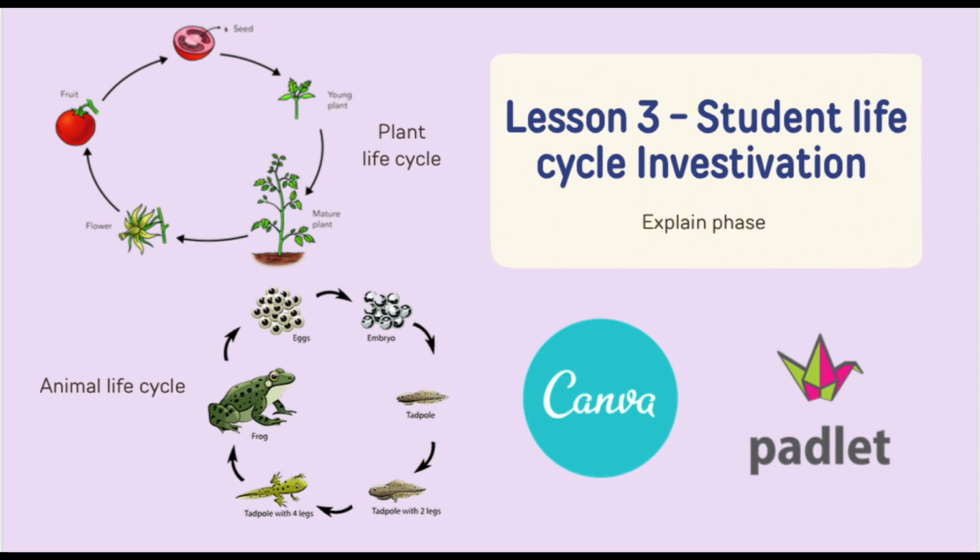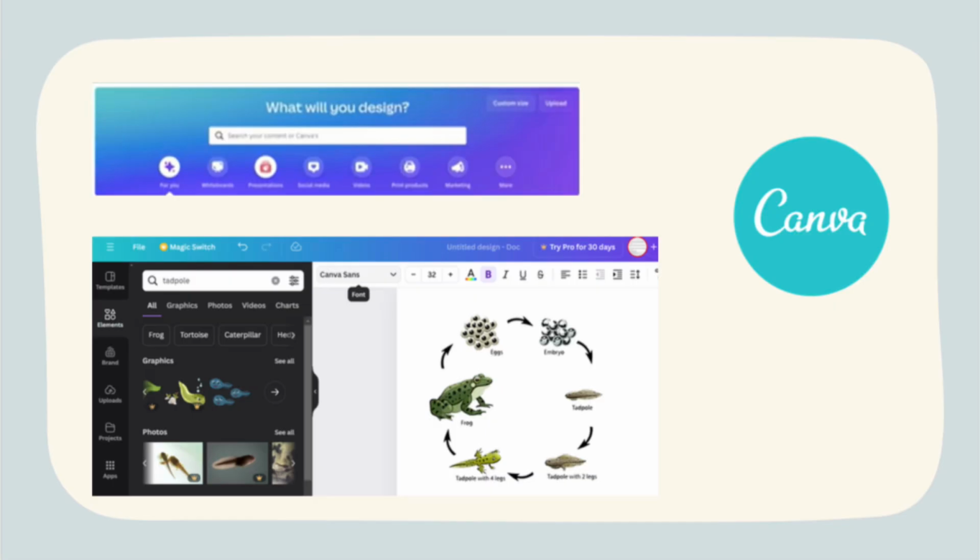They will have the autonomy to choose an animal or plant life cycle to research and recreate using the application Canva. Utilizing their knowledge from the previous lesson, students will construct a detailed life cycle explaining each phase within their chosen plant or animal life cycle, incorporating a variety of images and research text into their work.